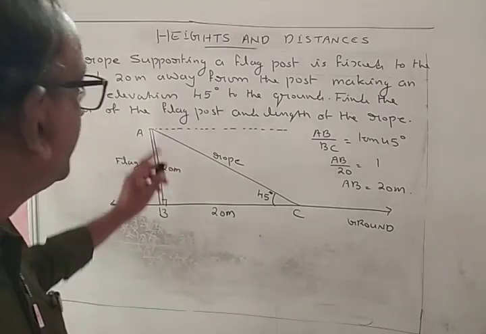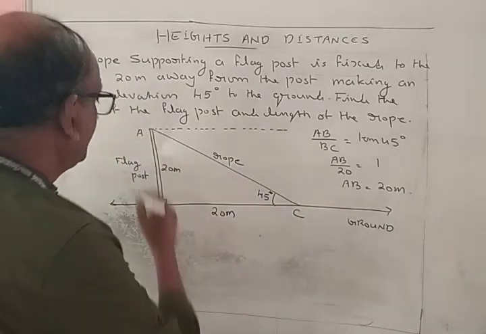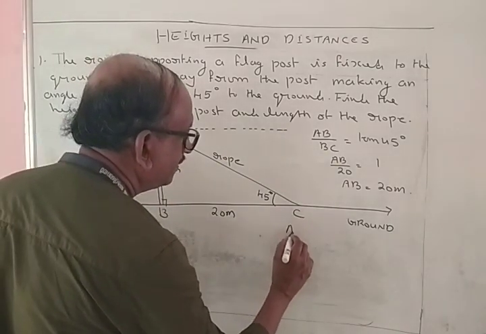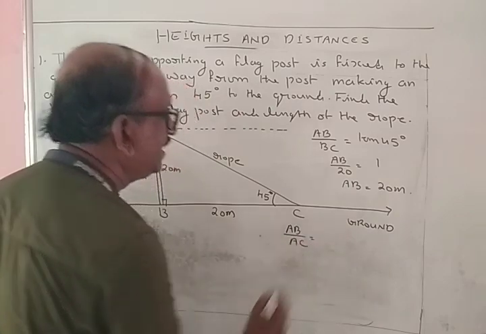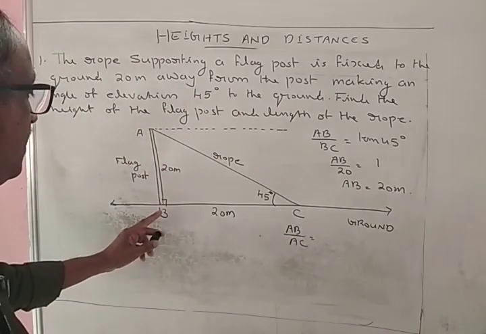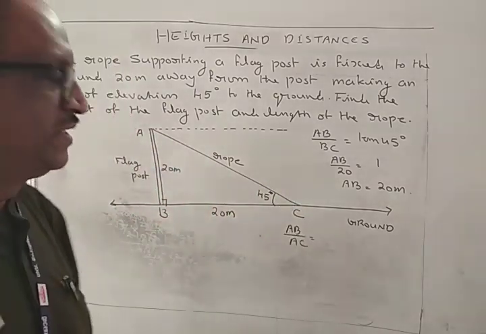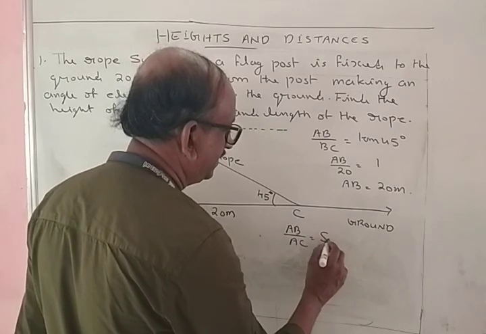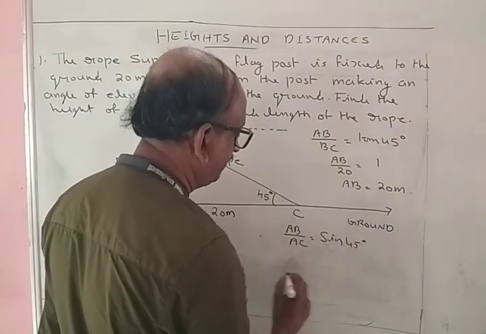Next, we have to find AC. AC is the hypotenuse. AB by AC is equal to opposite side divided by hypotenuse, sine theta. Here theta is 45 degree, sine 45 degree.